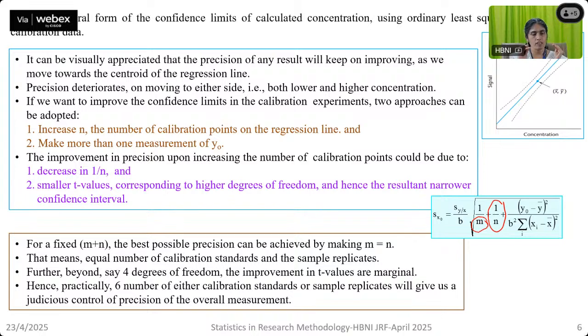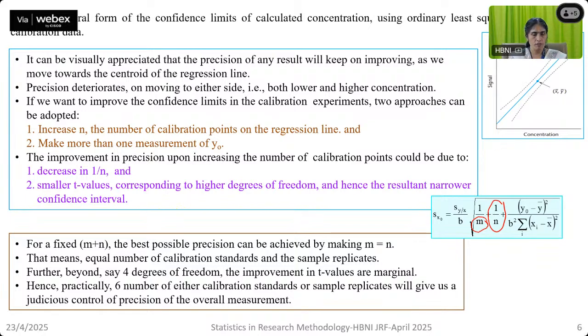Accordingly, for a fixed total number, m plus n, the best possible precision can be achieved as and when m and n become equal. That can be mathematically also shown. That means an equal number of calibration standards and an equal number of replicates of the sample will give the best results possible within a certain stipulated time period or stipulated total number of experiments.